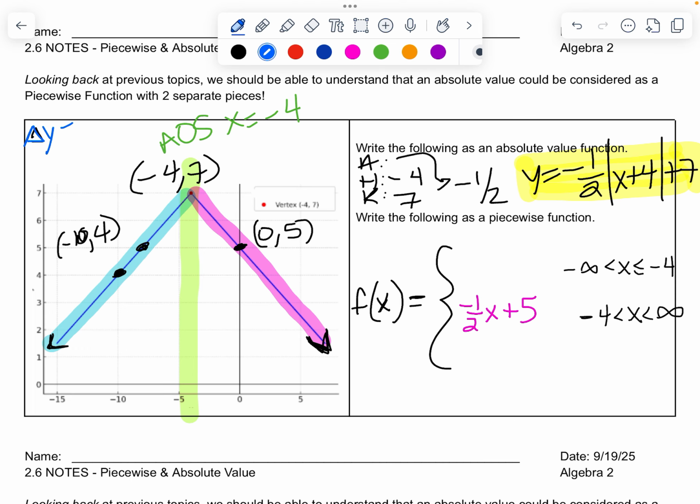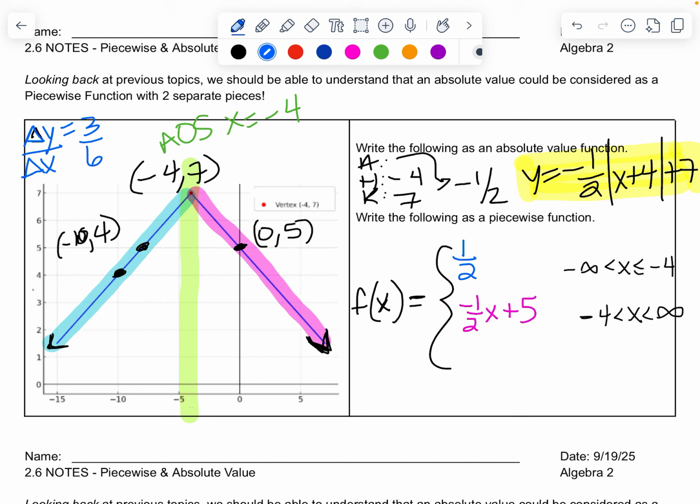The change in y going from 4 to 7 is 3, and the change in x, we're going from -10 to -4, which is increasing by 6, and oh, look at that, 3/6 would in fact be reduced to 1/2. So when I'm graphing an absolute value function, I'm trying to write it out as a piecewise function, I should have opposite slopes, in this case 1/2 and -1/2.